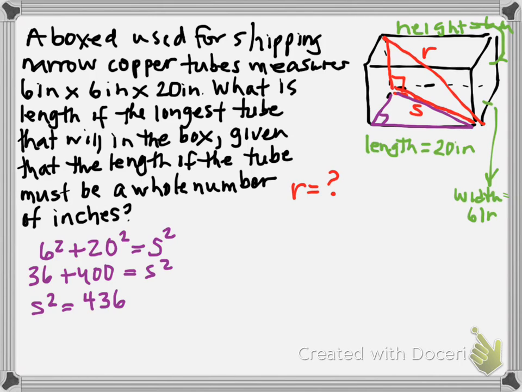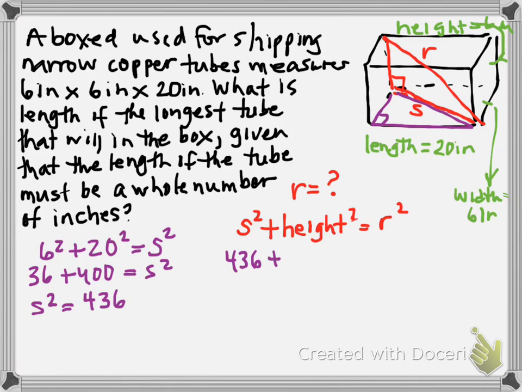Let's do the r. So the r has the s squared, right? So I'm going to write that first. The other leg is the height. Remember, this is the height that's over there on the left, the red. And then that's going to equal r squared. So we already know what s squared is. We got 436.